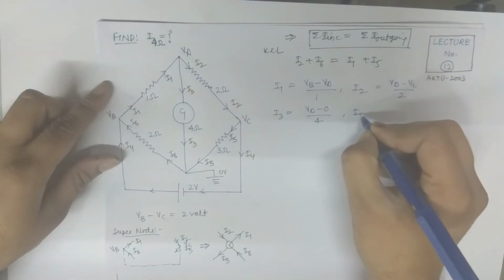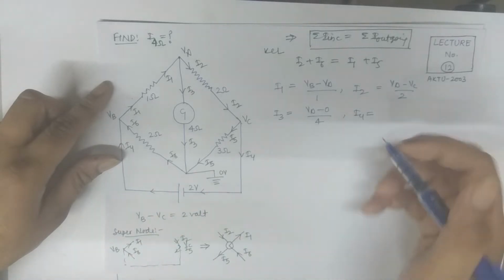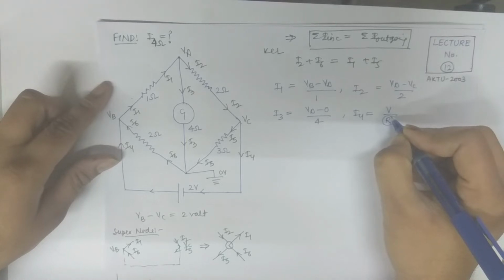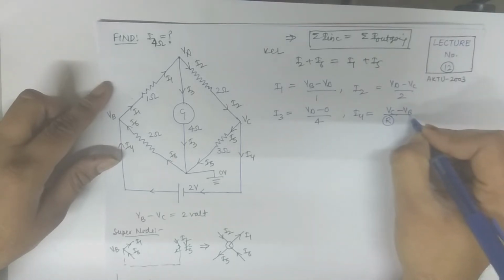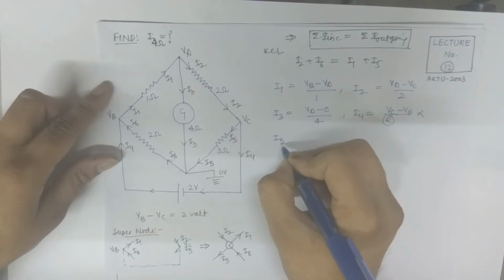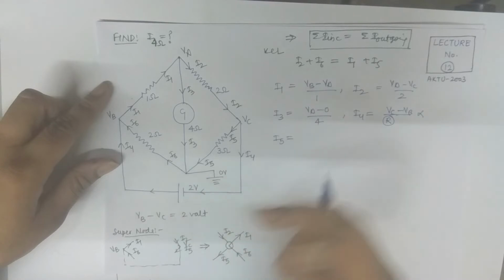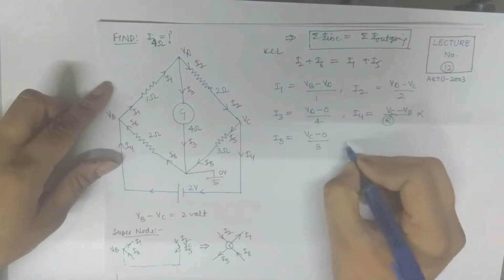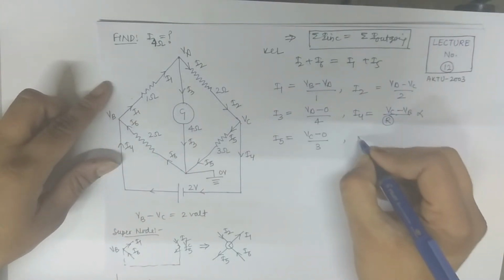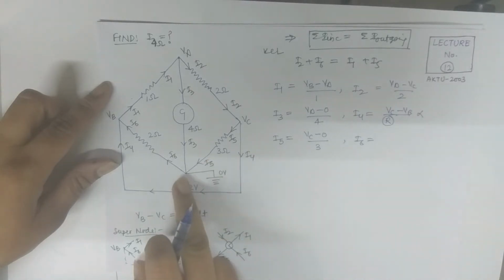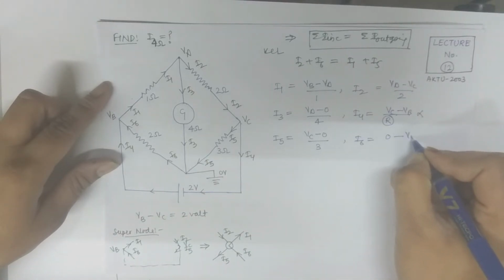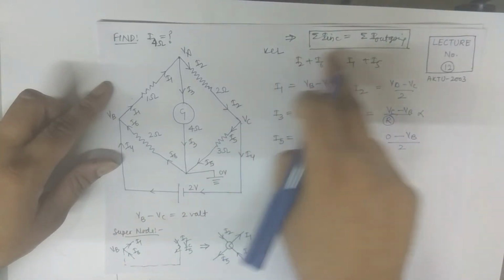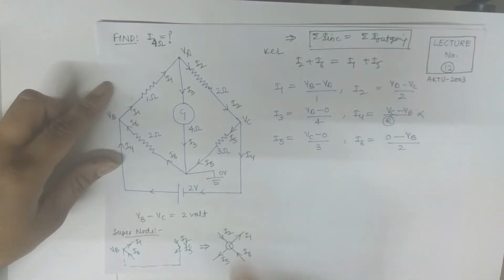And I4 is here, we cannot write the equation because V upon R is not available. I5 is VC minus 0 upon R3, and I6 is here 0 minus VB upon this 2 ohm resistance. In this way we can write every current in respective nodes.